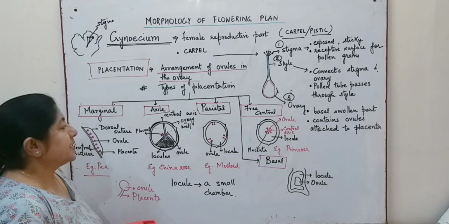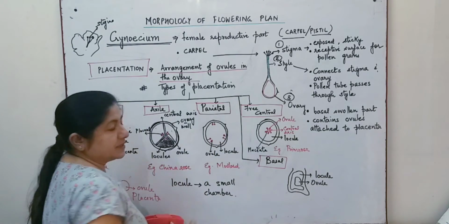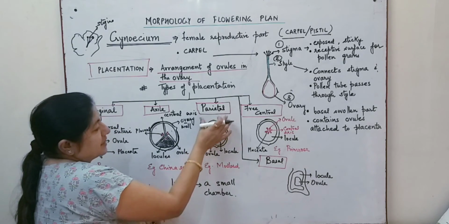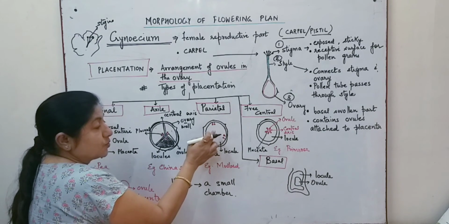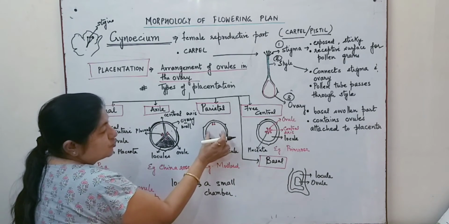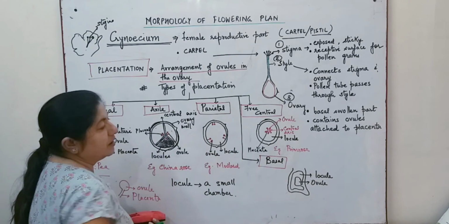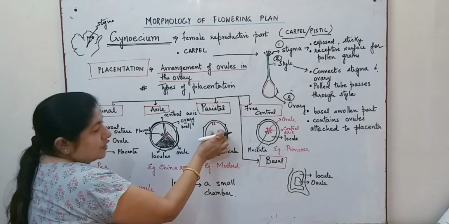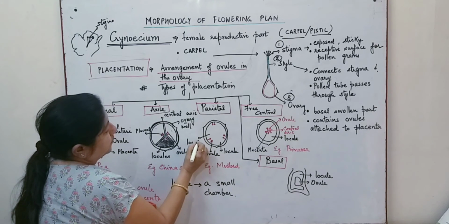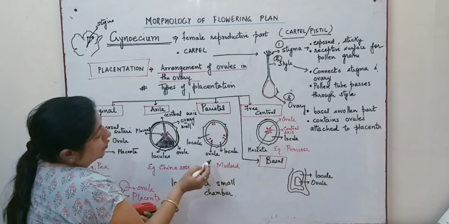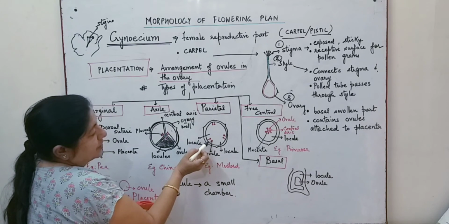The third type is known as the parietal type, and this parietal type of placentation is one in which there is only 1 locule. So this big round chamber which is seen over here is the locule, and the ovules are attached over here.